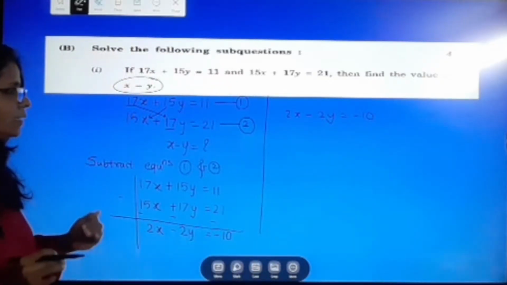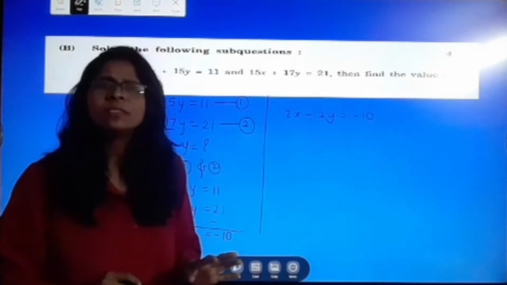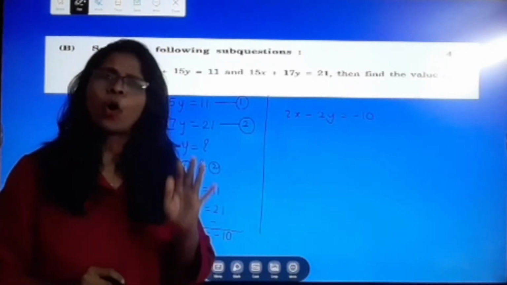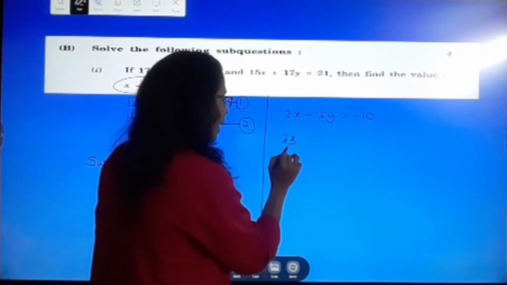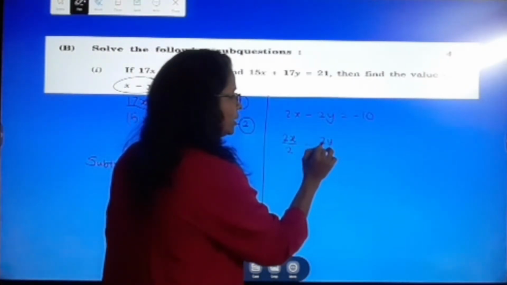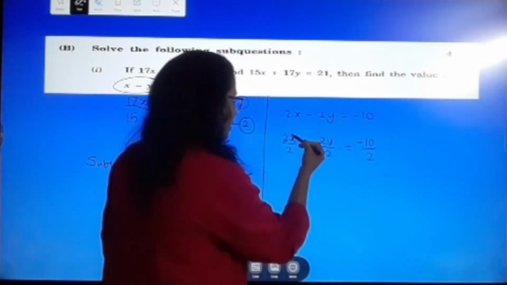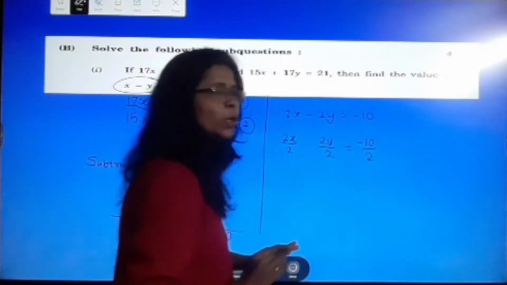Observe every term, students: every term has the table of 2. So dividing both sides by 2, I write 2x upon 2 minus 2y upon 2 is equal to minus 10 upon 2.